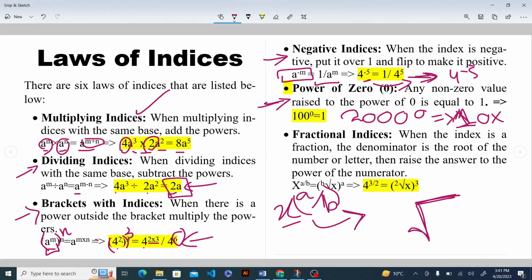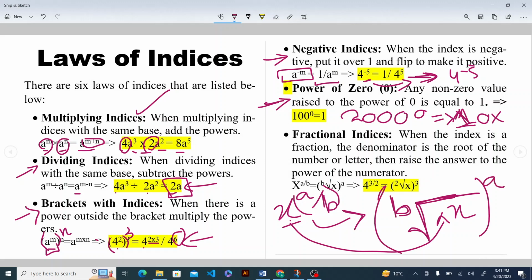The base will go in this root, and the denominator of the power, b, will be the root, and the numerator, a, will be the power.